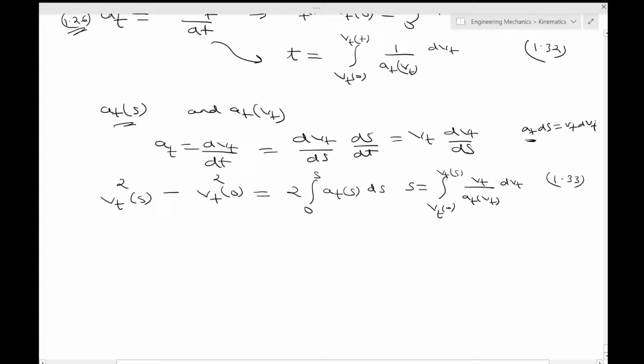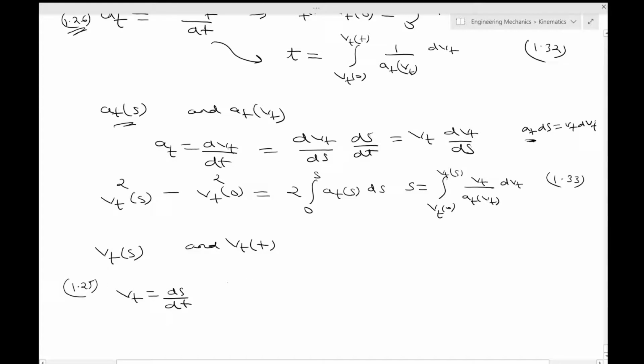Okay, now if the velocity is given, say, in terms of s and time, then how to go about it? Again, Vt is equal to ds by dt. That's coming from equation 1.25.